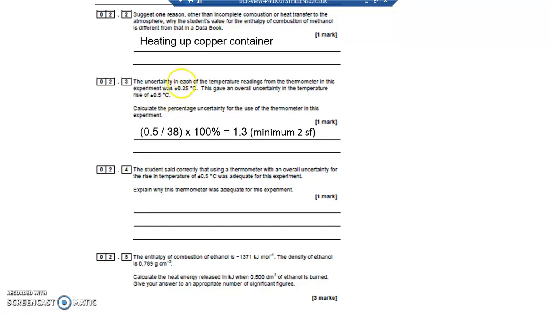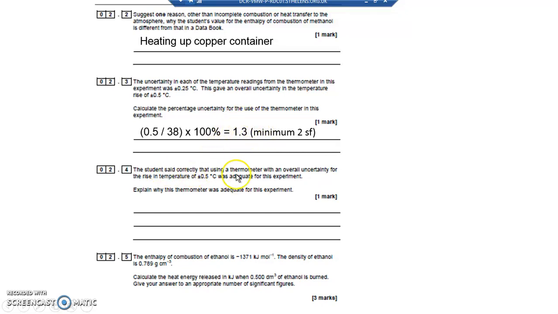I'm taking it to 2 significant figures, because the 38 is to 2 significant figures. So 1.3 is a reasonable sort of level of accuracy.